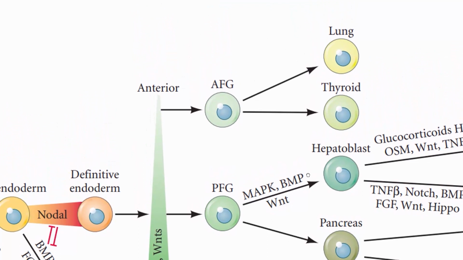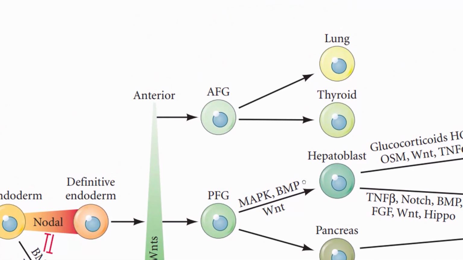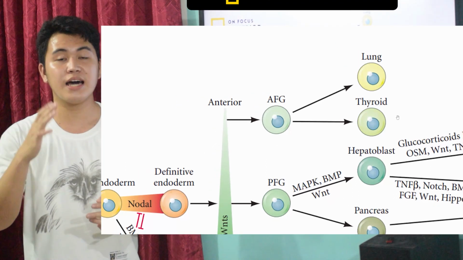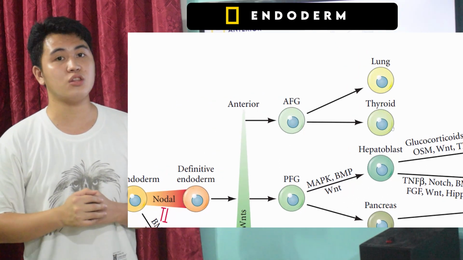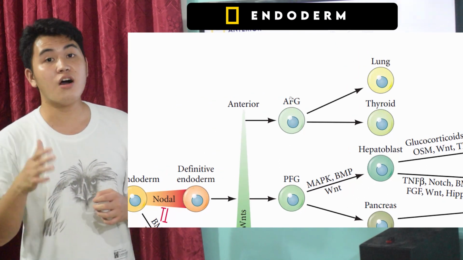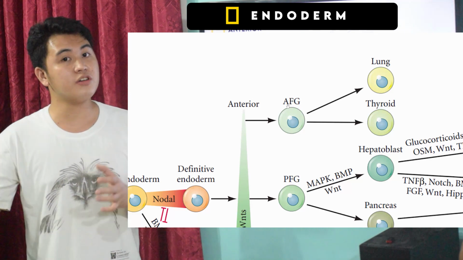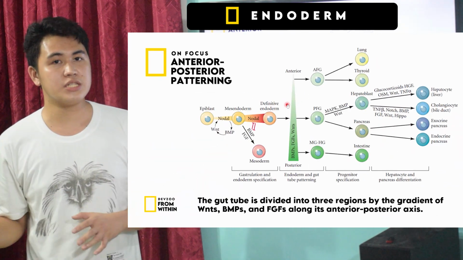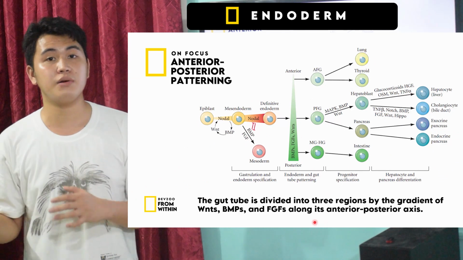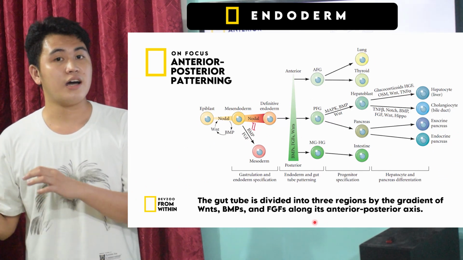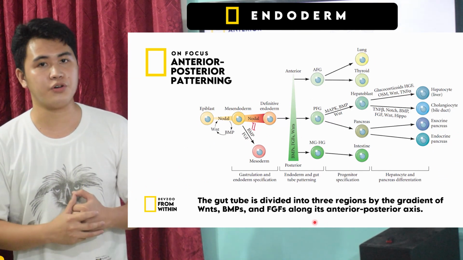Finally, the anterior region of our embryo, which has the smallest exposure to these paracrine factors, will give rise to the anterior foregut cells that will further differentiate into the lungs and thyroid. The further differentiation of the different endodermal derivatives will be discussed by the following reporters.